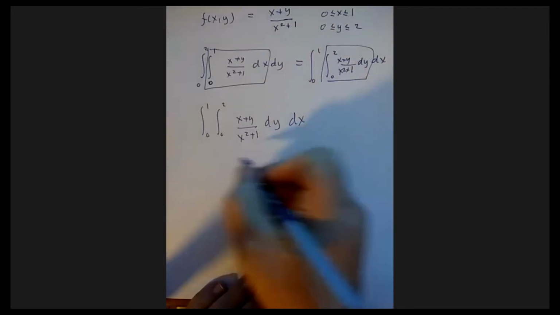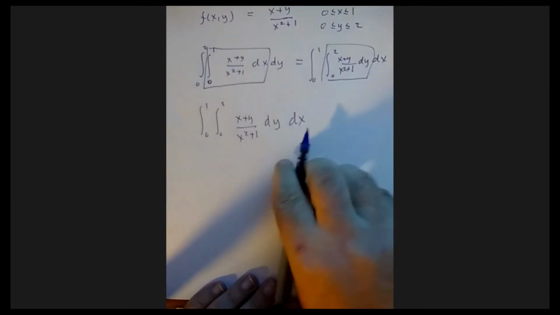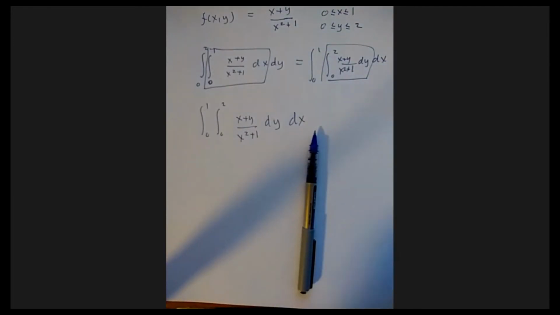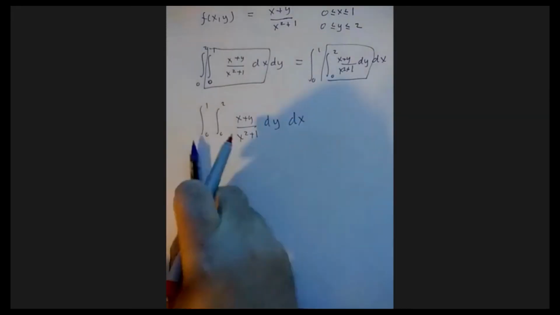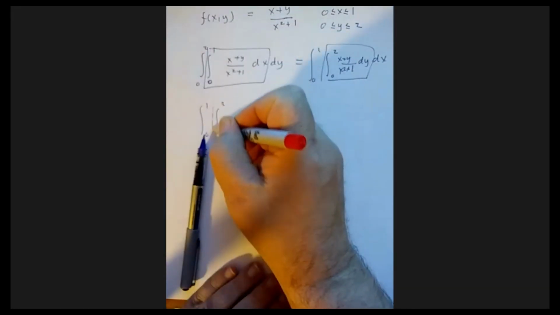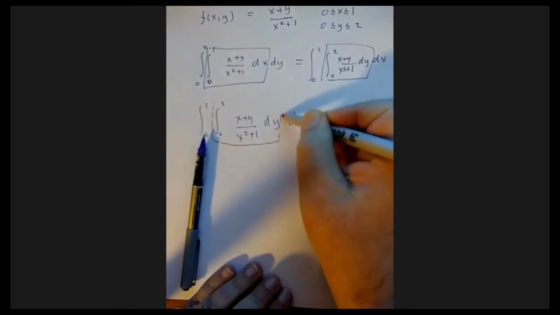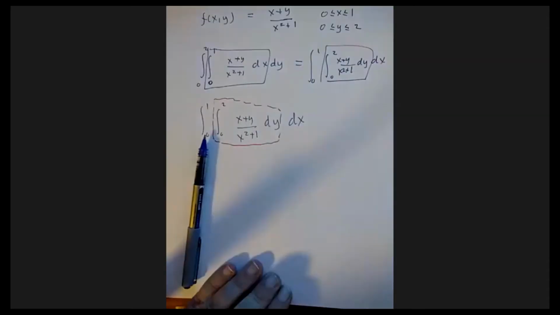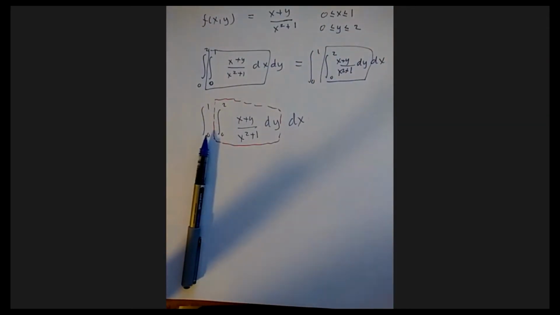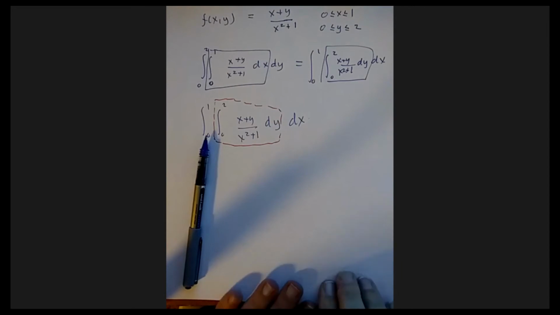Now, we've got to figure out what on earth this guy looks like. I'm going to put my little invisible dotted line. That's essentially the first guy, right? So I'm just going to take this out and figure out what he is, and then once I get the answer, I'll return here and put the answer in there.